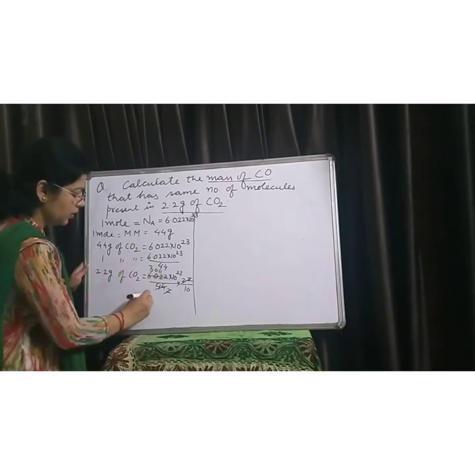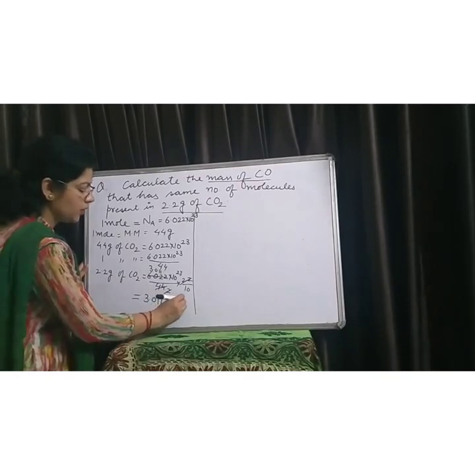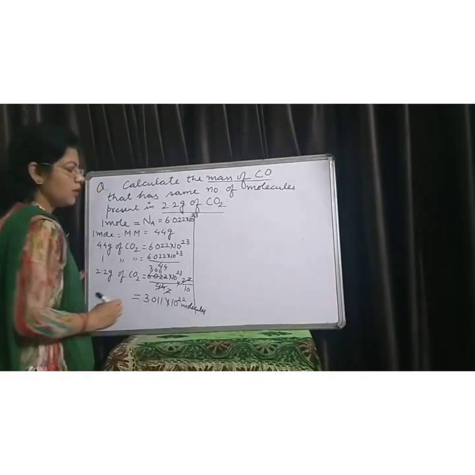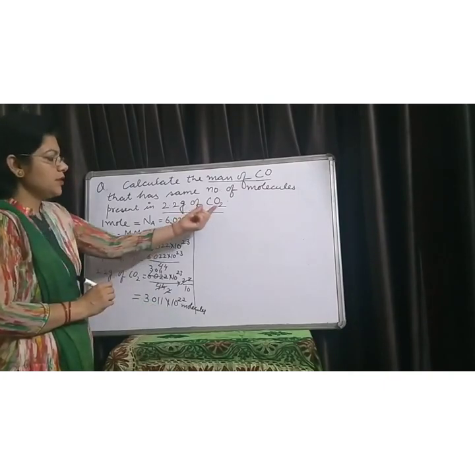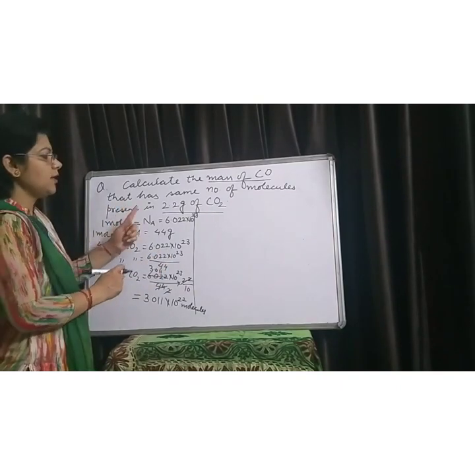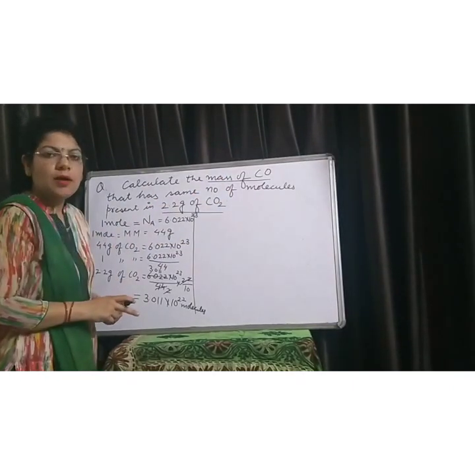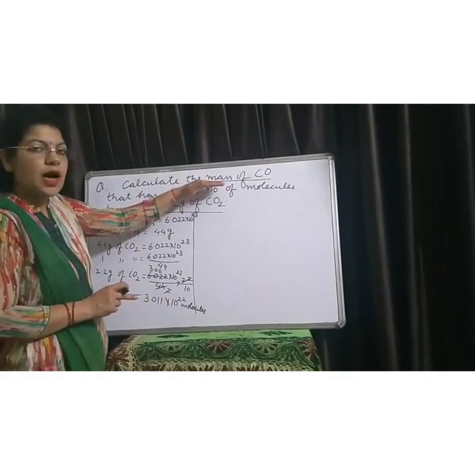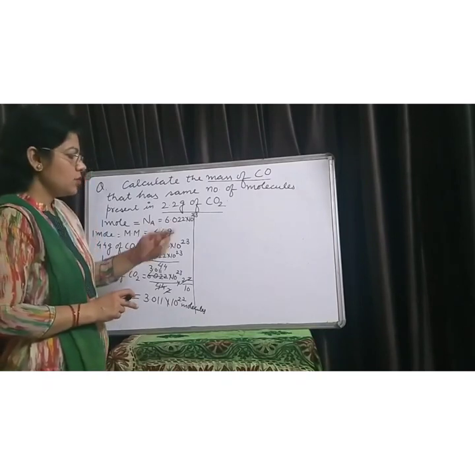This comes out to be 3.011 into 10 raised to power 22 molecules. As these are the molecules present in carbon dioxide, and in the question it is given that the same number of molecules are present in carbon monoxide. If the same number of molecules are present in carbon monoxide, then what is the mass of carbon monoxide? So calculate.